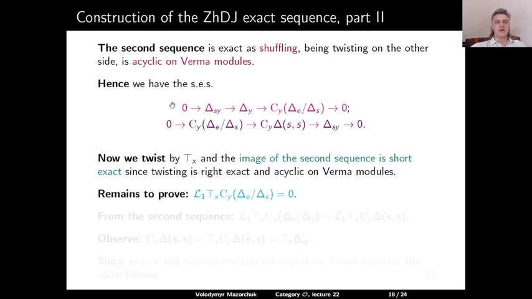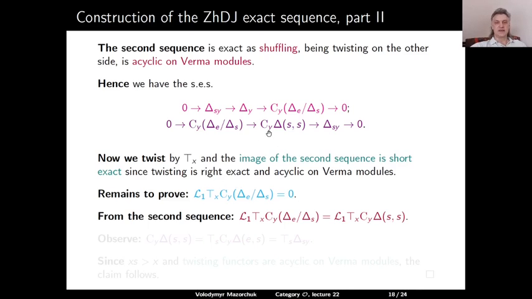and the next term should be the first homology of T_x evaluated at the module C_y of delta E modulo delta S. So this homology can be computed using the second exact sequence.